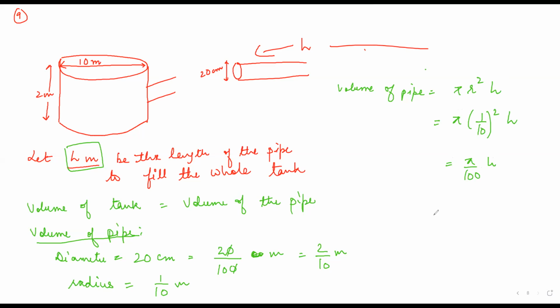Leave it like this. Now this volume is same as the volume of the tank, okay, from 1 I'm writing. So from 1. Now volume of tank. The volume of tank is again a cylinder, right? Yes, ma'am. Now come to volume of tank.